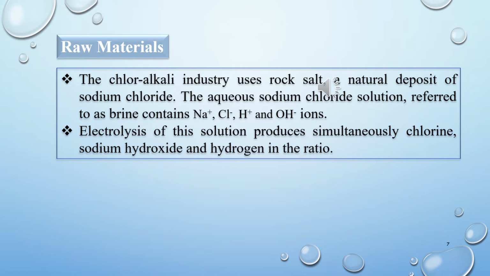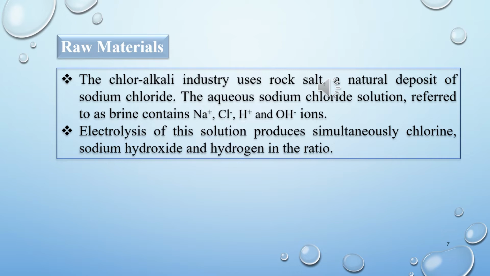In our raw material, the first point is: the chloralkali industry uses rock salt as a natural deposit of sodium chloride. The aqueous sodium chloride solution, referred to as brine, contains sodium ion, chloride ion, hydrogen ion and hydroxyl ion.